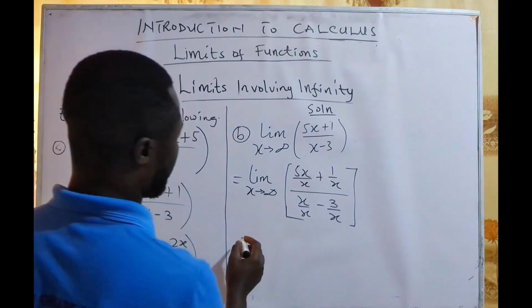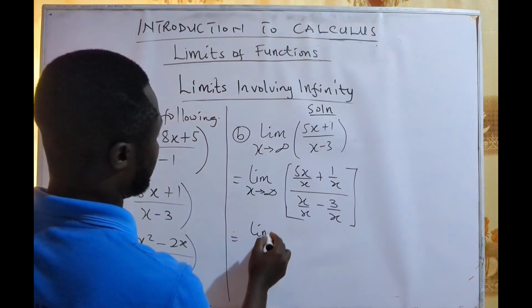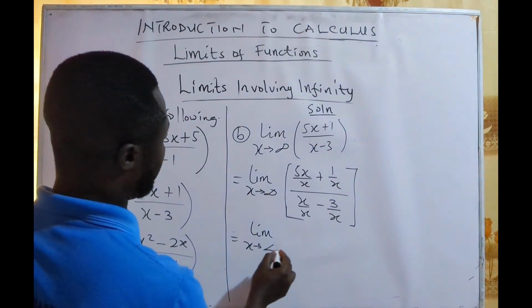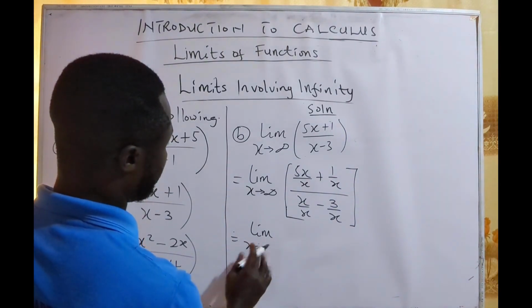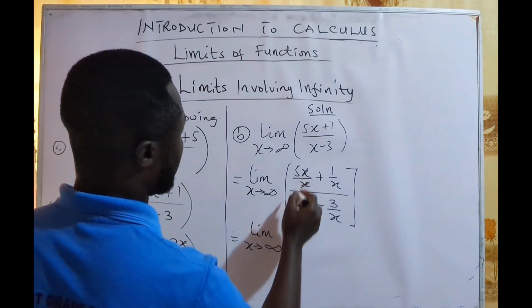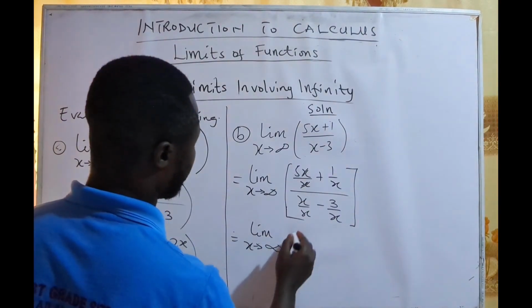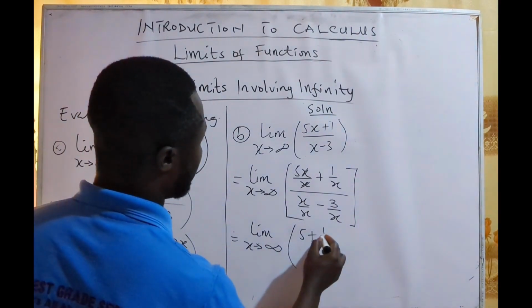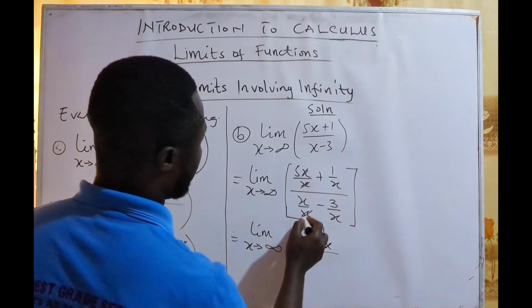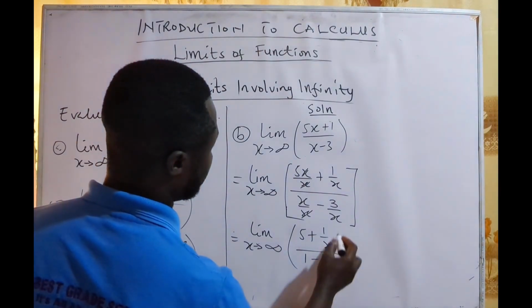Okay, so x approaches infinity, x will cancel x. Okay, so I'm going to have 5 plus 1 over x, and then x will cancel x, 1 minus 3 over x.